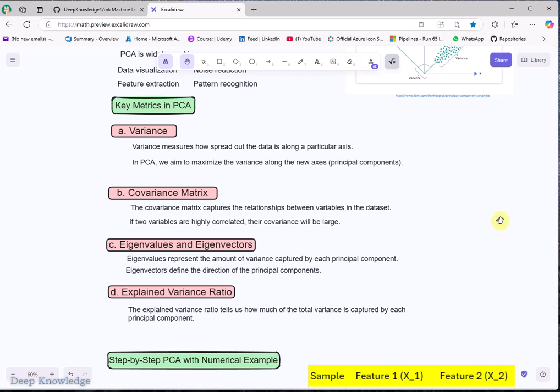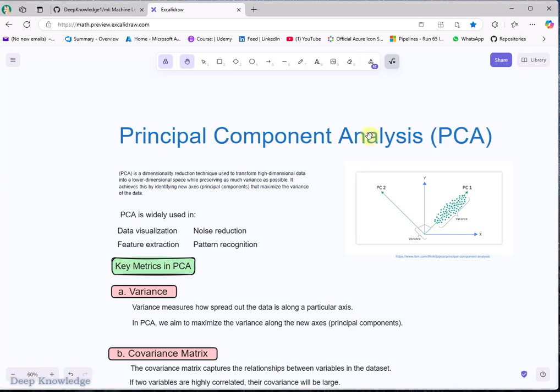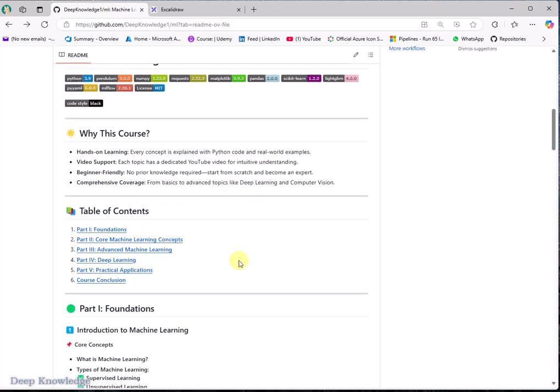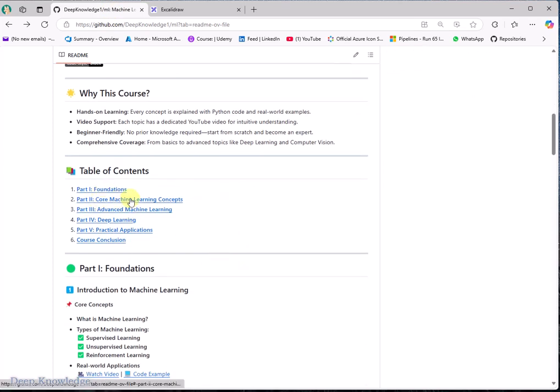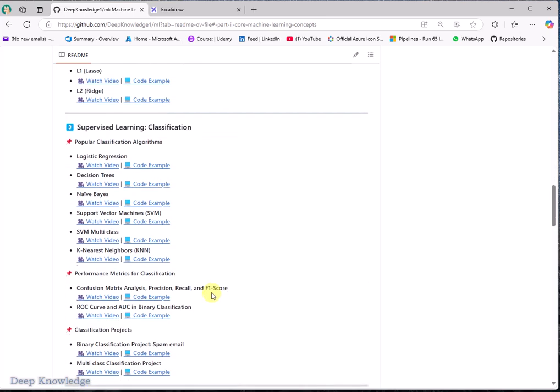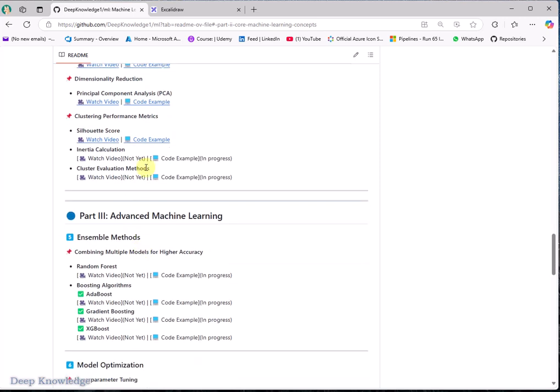So in this case, we have principal component analysis. Principal component analysis is categorized as unsupervised learning. If you see this course I'm doing right now, this one here is supervised learning, and this one is unsupervised learning.